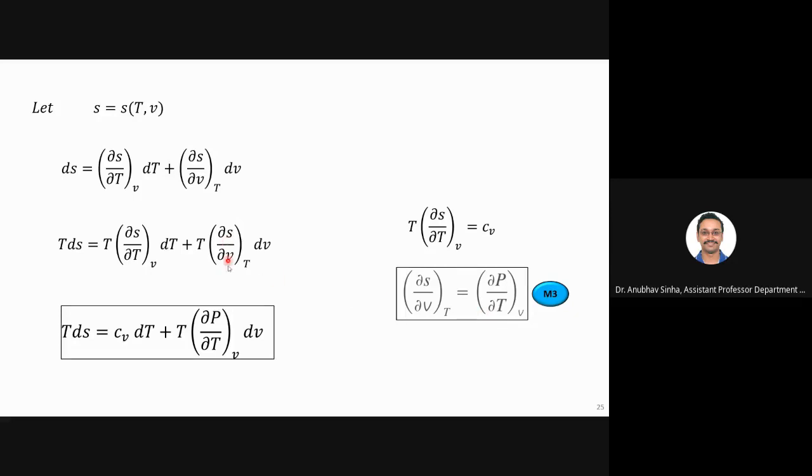This is called your first TdS equation. Basically, we are using some properties and doing some rearrangement, but this is a very important relation used for calculating entropy by measuring change in other properties.